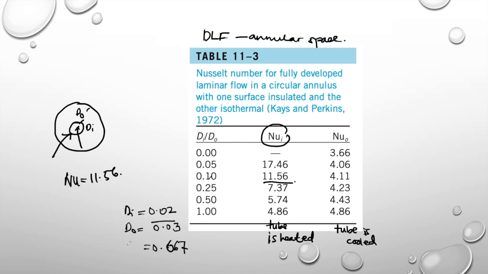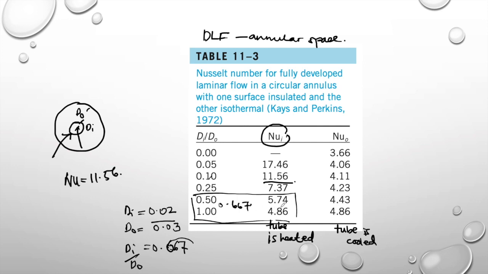So you will get dI over dO is 0.667. So you have to refer to these two values. This value is in the middle, 0.667.